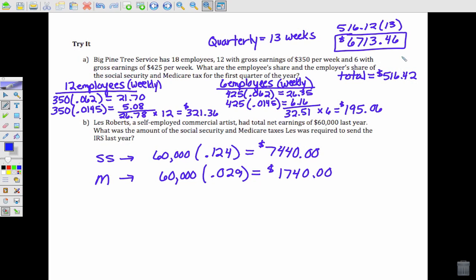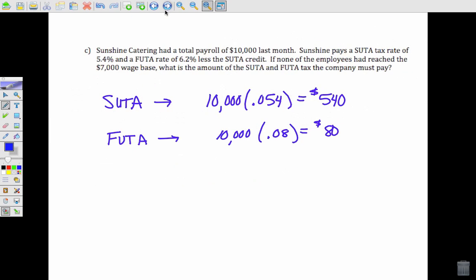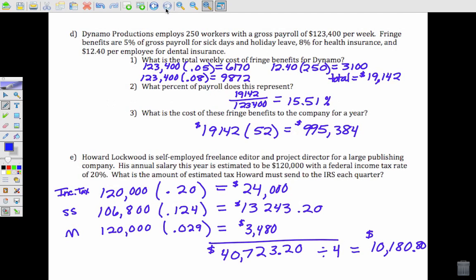Here are your results for your try it problems. I know that this first one, part A, had a lot of extra work with it, so the final answer you can see here is at the top. Part B, a little bit less, but those are your 2 answers for both Social Security and Medicare. Part C, you had to find both SUTA and FUTA tax.